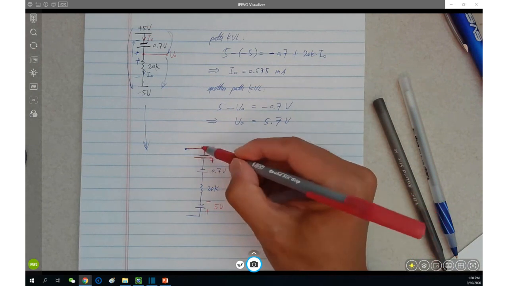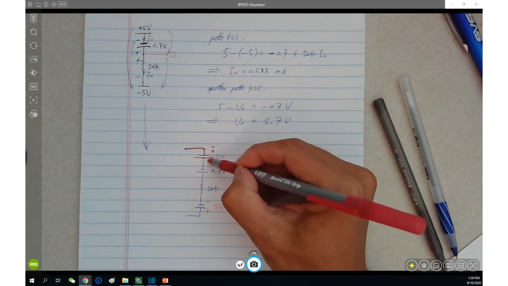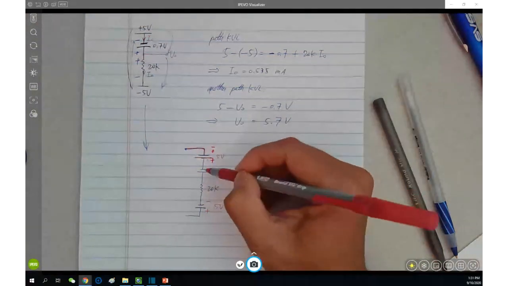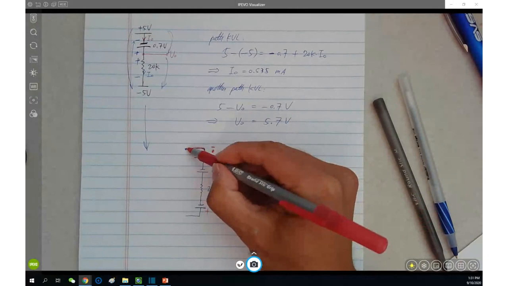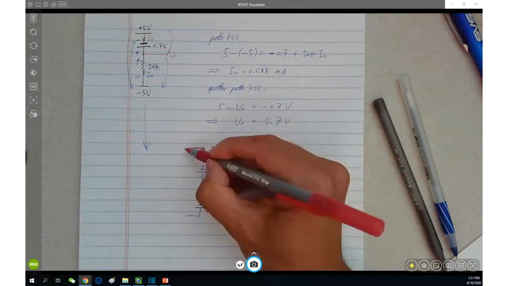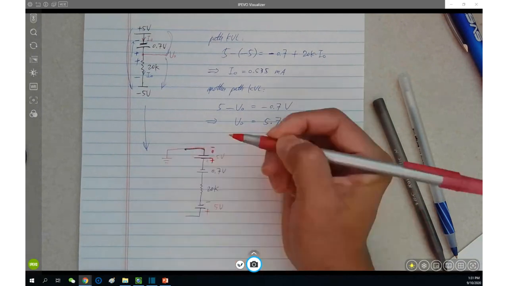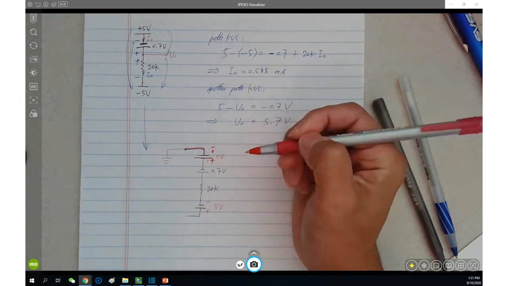This terminal is not 5 anymore. Here it's 5. Here is positive with the 5, feeding the rest of the circuit. So here is what? Exactly. It's 0 volts, which is the ground. And Daniel is correct. It's the ground. Does it make sense?